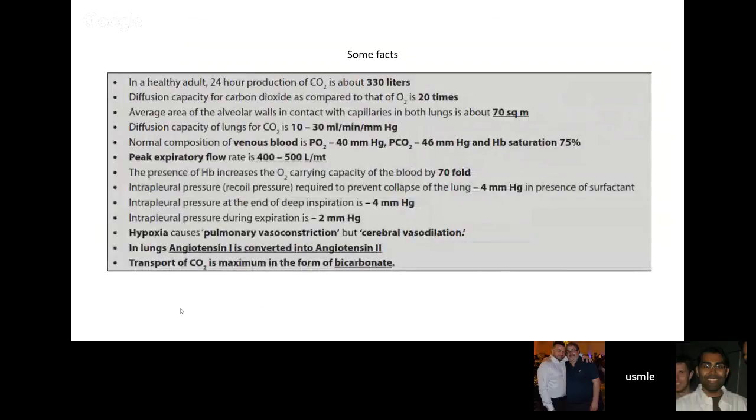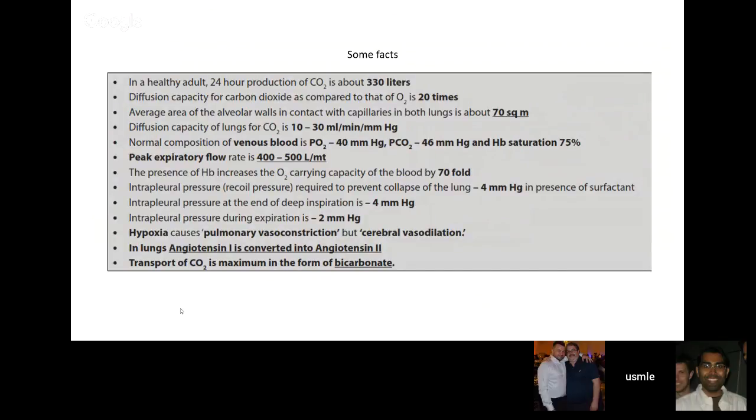These are some facts that most of you know by now. Usually these are not questions, or some of them are not asked, but it's always interesting to know them for reference points.